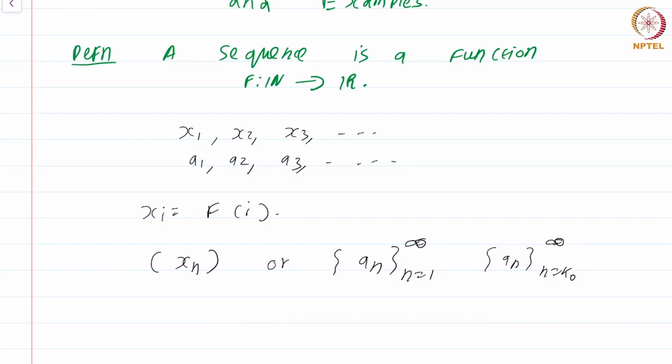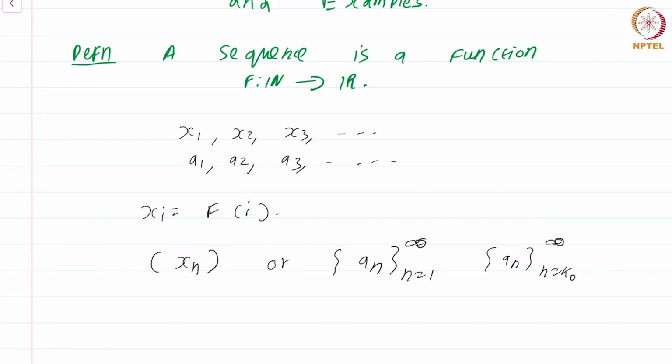You can start from x minus 3, x minus 2, and so on. These are minor modifications to the definition of a sequence, so we will not be ultra precise in defining them. However, we might occasionally use such sequences which do not begin at x1. In the future we will just use any one of these notations for our sequences.